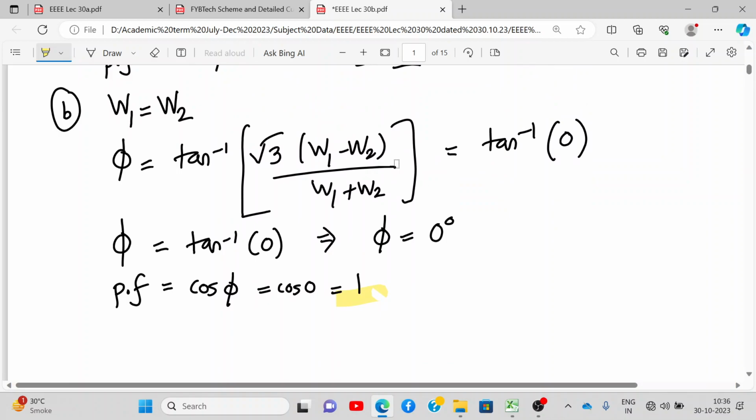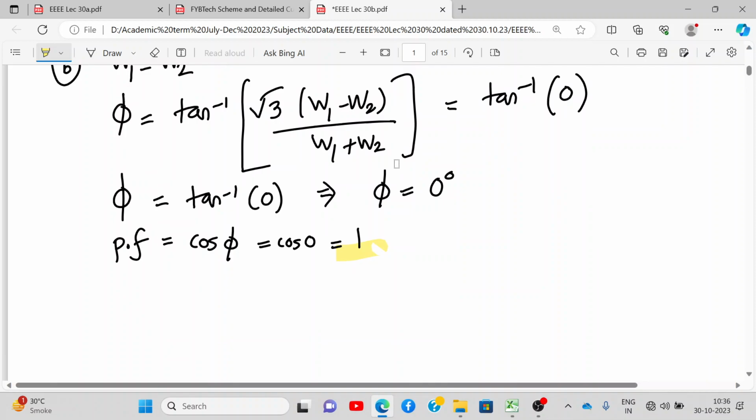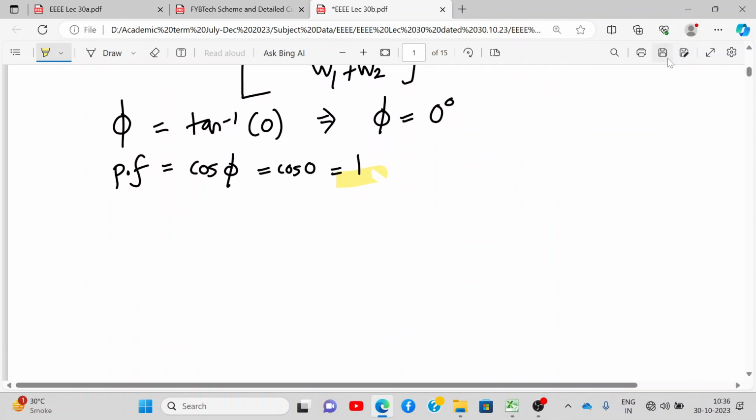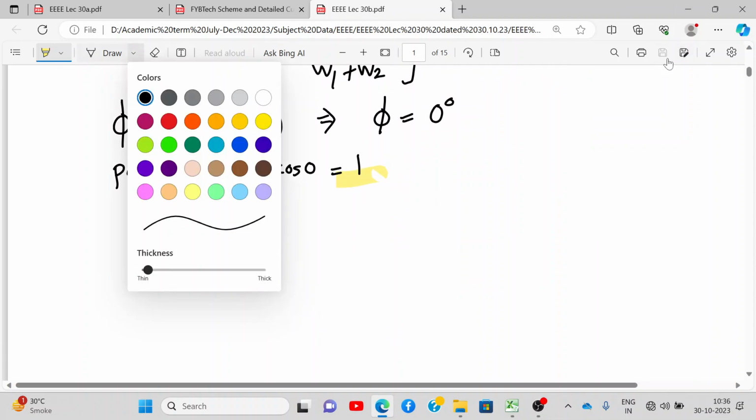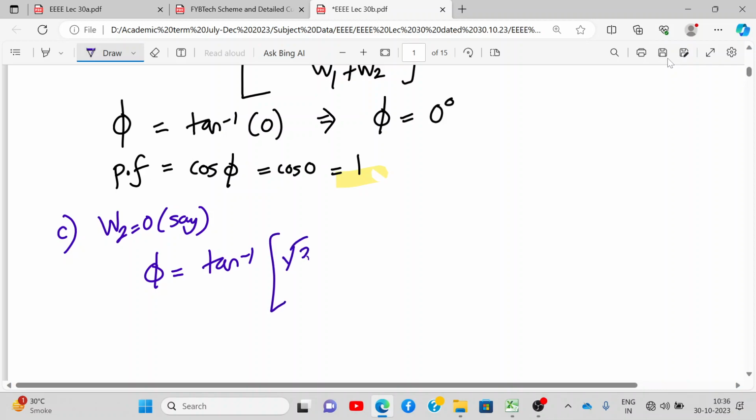Is this complete? For the third case, assume W2 as 0 and solve. So for the third case, let's say W2 is 0. So phi will be tan inverse of root 3 (W1 minus 0) over (W1 plus 0).